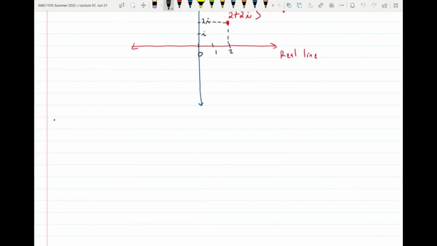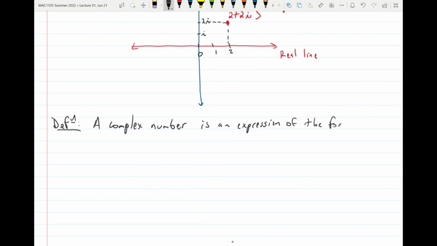So, definition. A complex number is an expression of the form a plus bi, where a, b are real numbers.